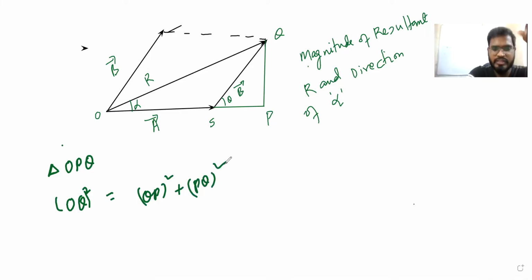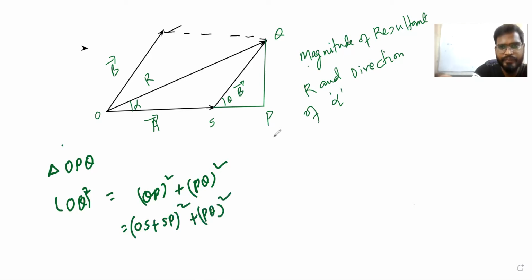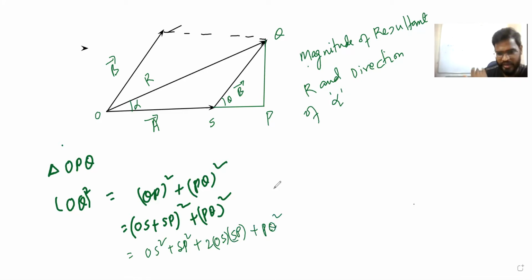Anyone can say this, but the problem is OP is divided into OS as well as SP. So let's consider (OS plus SP) whole square plus PQ whole square. Now if you open it, OS square plus SP square plus 2 OS SP, plus PQ square. Correct? Yes, it's correct.